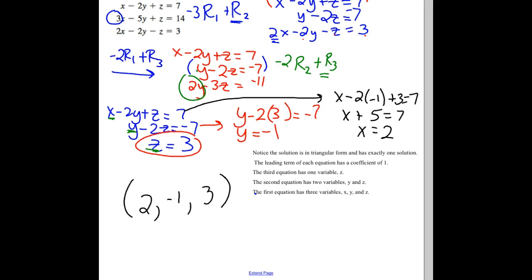That's your goal when you have a triangular form. You want those leading coefficients just to be 1. The third equation only had the variable z. The second equation had a y and a z. The top equation had an x, y, and z. Okay? So that's what you're trying to make it look like.